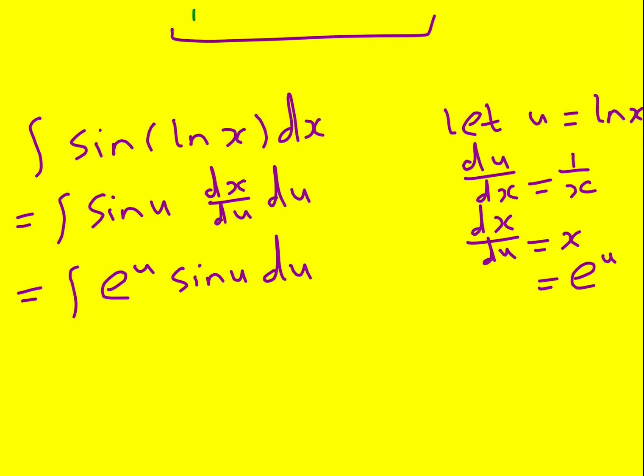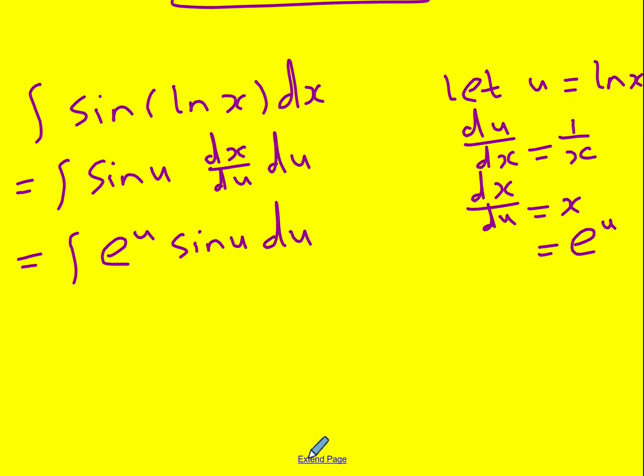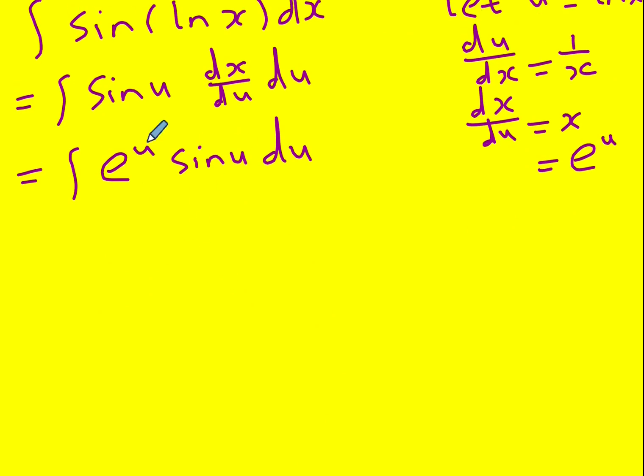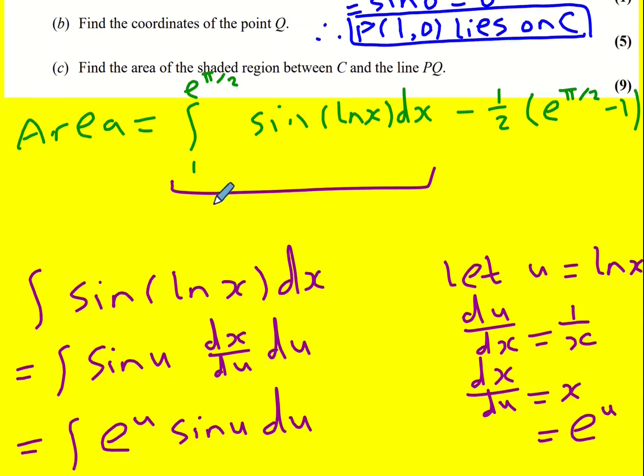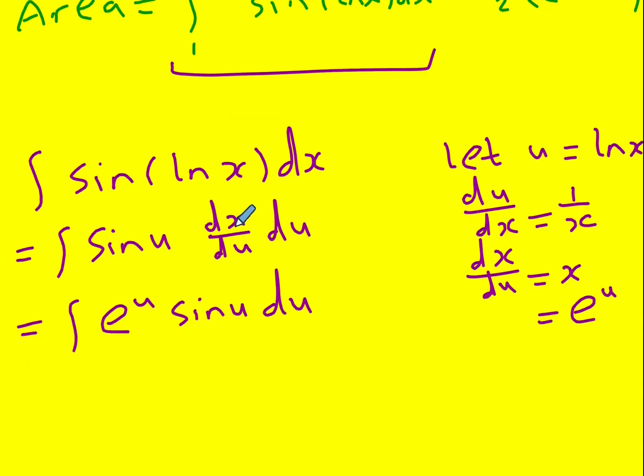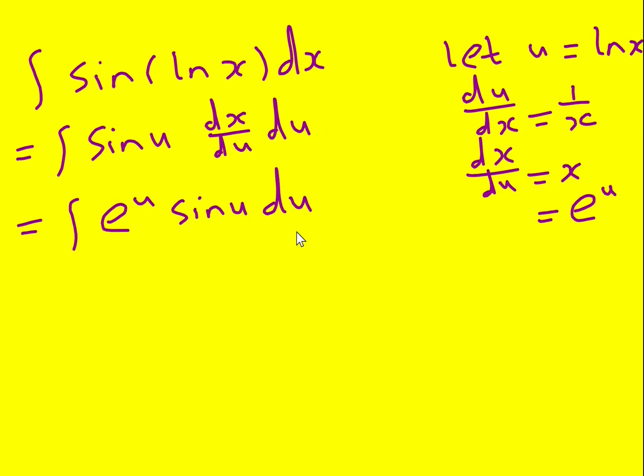Okay, this is better, believe it or not, because I've got rid of a function within a function. I've now got a function times a function, albeit an exponential and a trig one. You might have seen this kind of integral before, especially if you've been doing a few of these AEA papers. We can deal with this. I've not dealt with the limits, remember. We can worry about that in a bit.